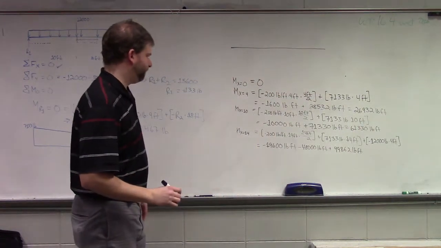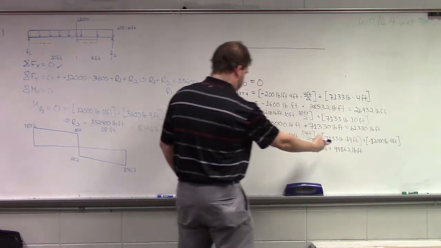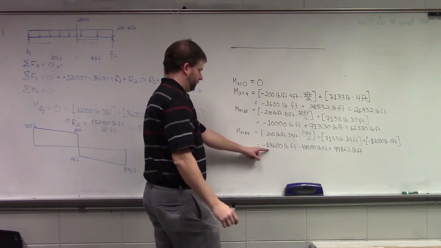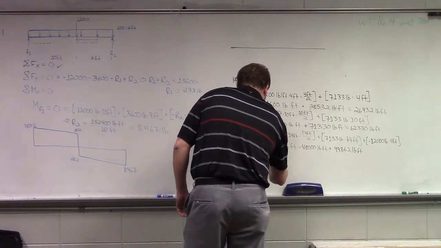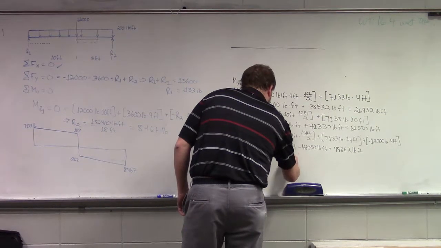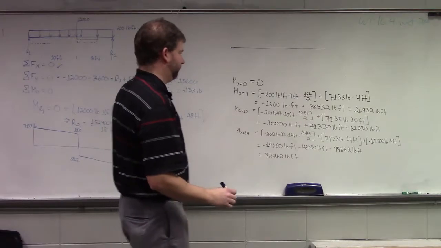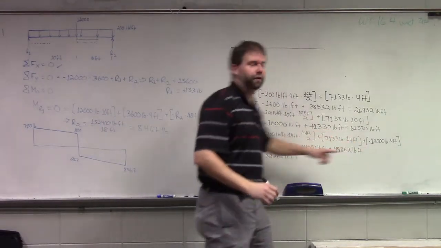Okay. So now we're at 51,862, 31,862. What's the negative? 32,262. Where'd you get 48,000? That's only 12,000 times, isn't this 12,000 pounds times 4 foot?